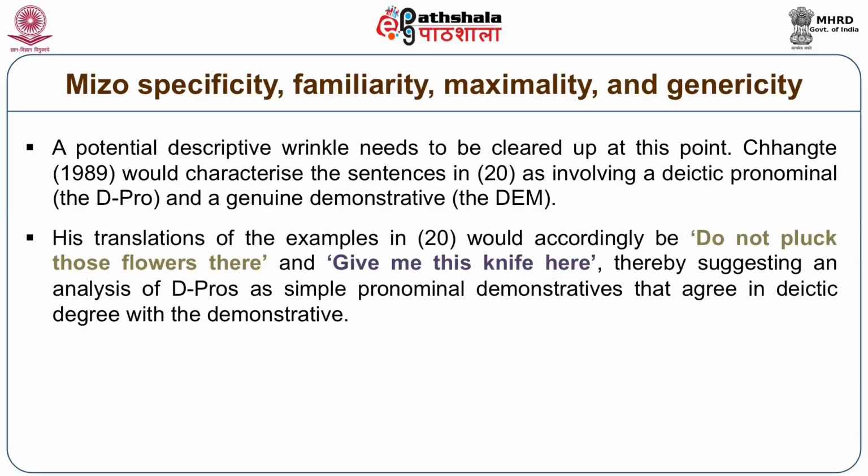Changte suggests that these sentences, which have the form "give me the knife this," involve a deictic pronominal in the first instance and a demonstrative in the other. So, "do not pluck those flowers there" and "give me this knife here."